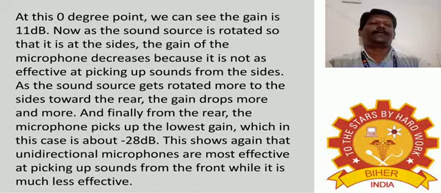And finally, from the rear, the microphone picks up the lowest gain, which in this case is about minus 28 dB. This shows again that unidirectional microphones are most effective at picking up sounds from the front, while it's much less effective elsewhere.